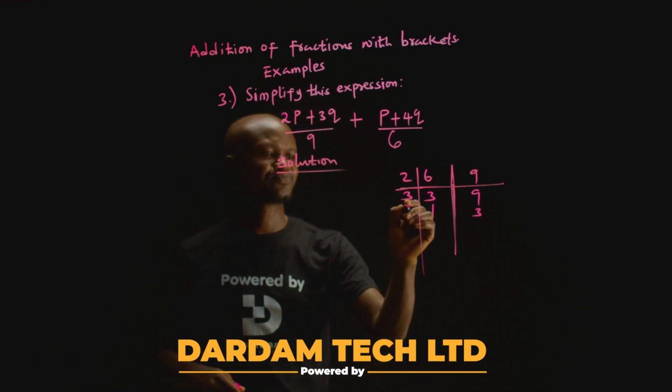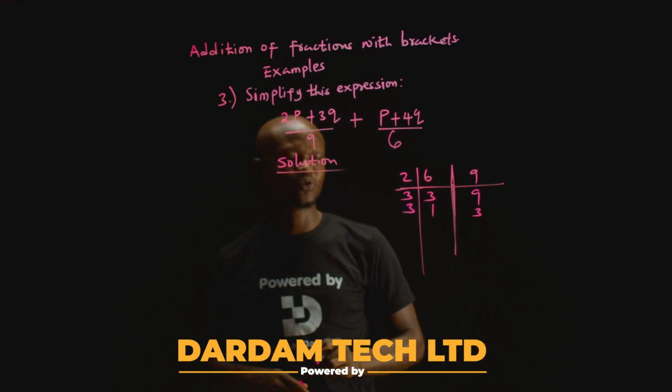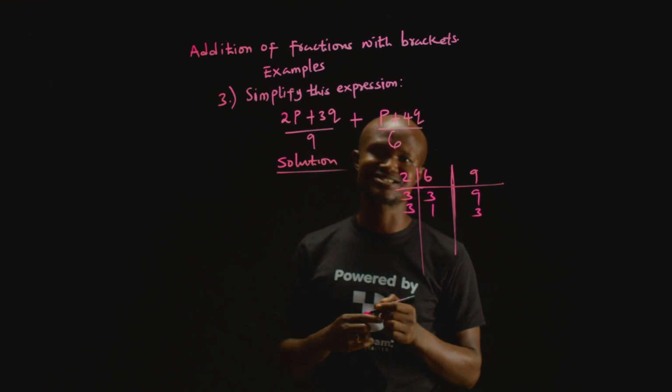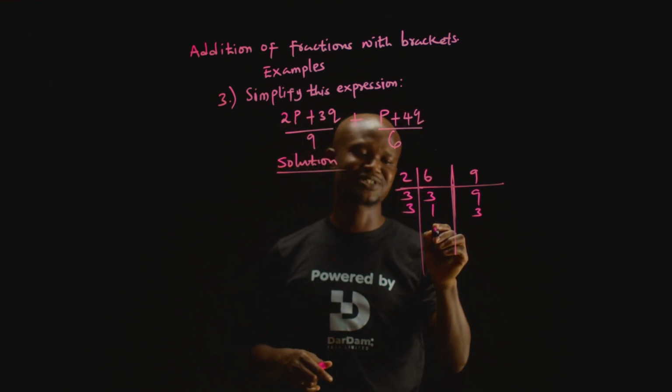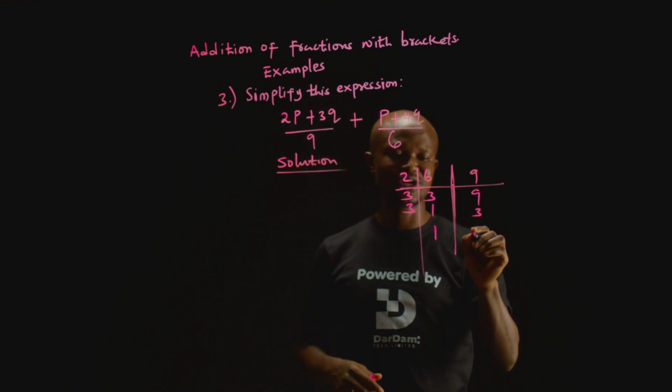So we can still use 3, because 3 is here. 1 divided by 3, we still write 1, because 3 is not a factor of 1. 3 divided by 3, we have 1.